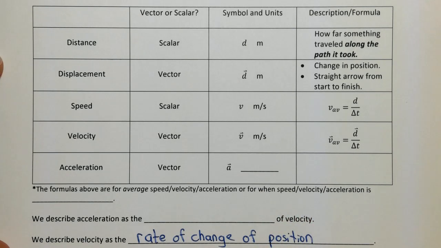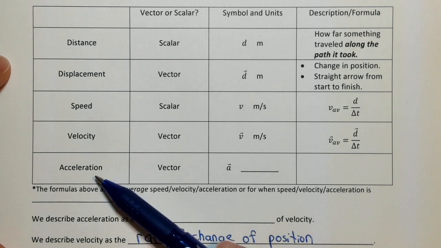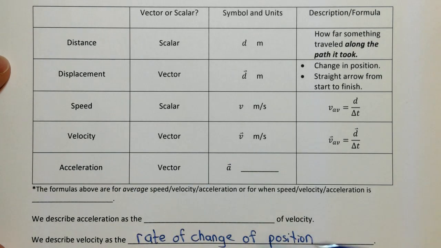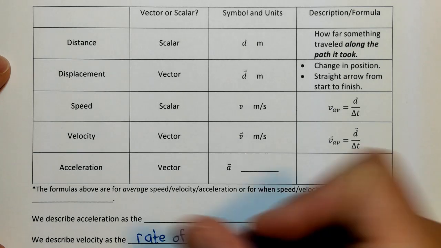That would be the definition of velocity. It's the rate of change of position, how fast the position of an object is changing. Acceleration, which is the new quantity we're talking about today, is the rate of change of velocity.